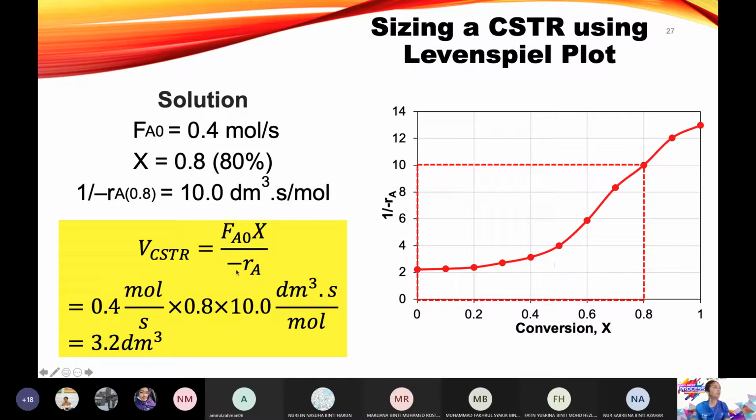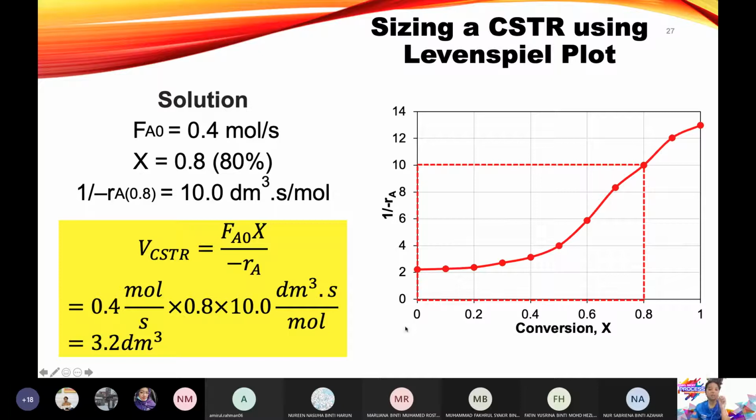So how do we do it? Volume of the CSTR equals FA0. FA0 is 0.4, multiplied with the area, right? So the area will be the length 0.8. The height is 10. So multiply with 10. Multiply with X 0.8, multiply with 10, the height.